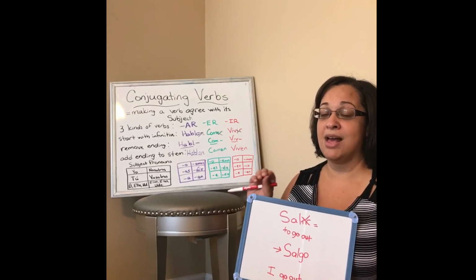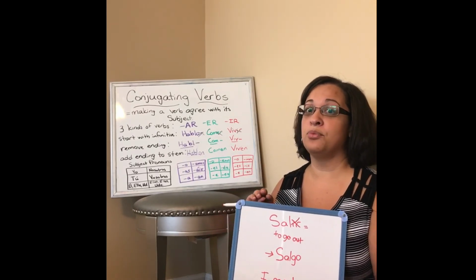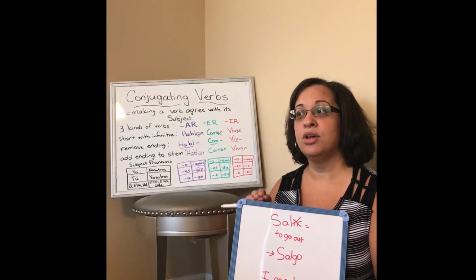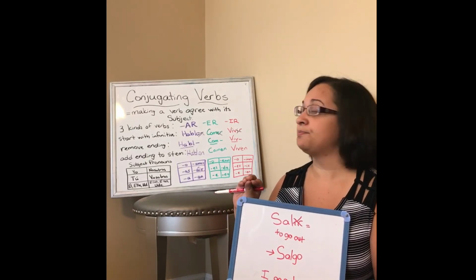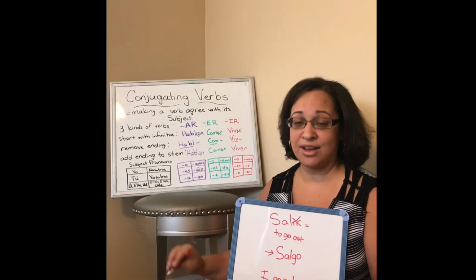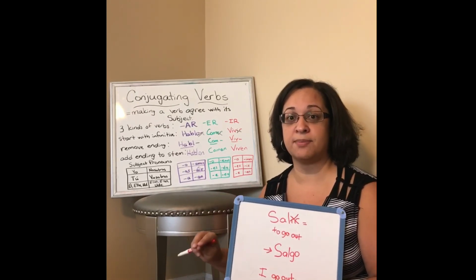Each one of them has a different ending depending on the subject pronoun. And the whole purpose in conjugating verbs in Spanish is to tell the person or the reader that you're speaking to who is doing the action.